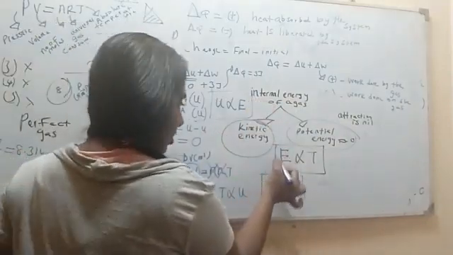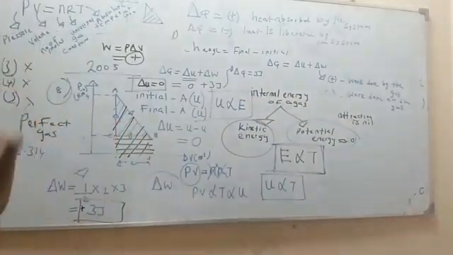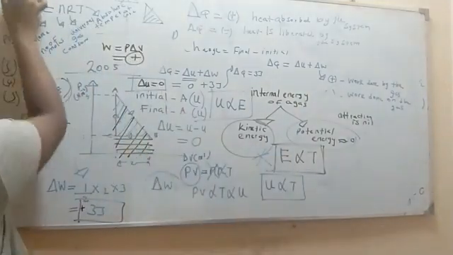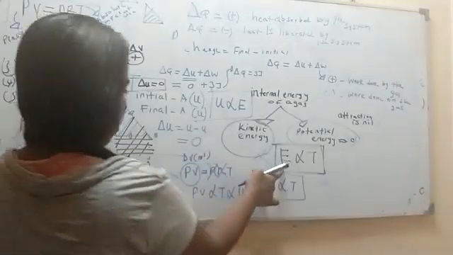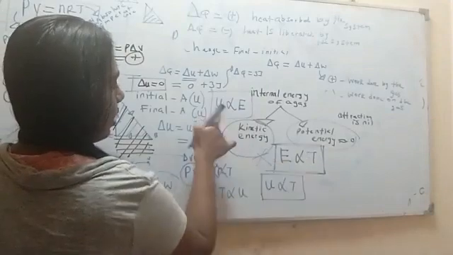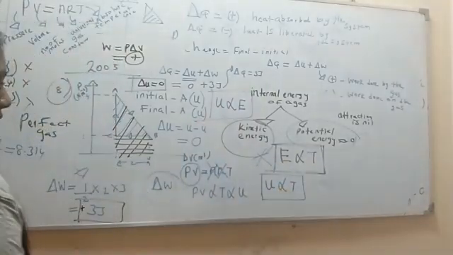Again, we will study this in physics under the ideal gas law. This kinetic energy is directly proportional to absolute temperature. In chemistry also it is there; in the fourth lesson of physics we will study it further. That's why I'm combining these two equations and I wrote that internal energy is directly proportional to absolute temperature.